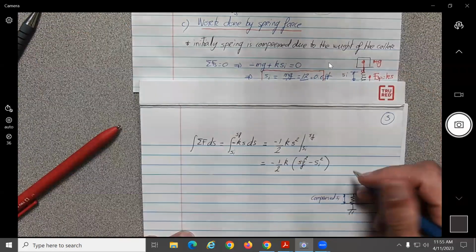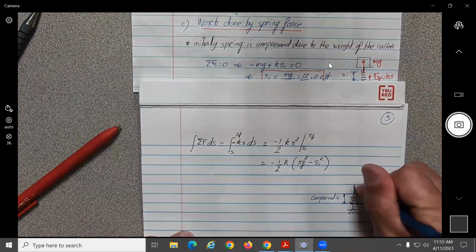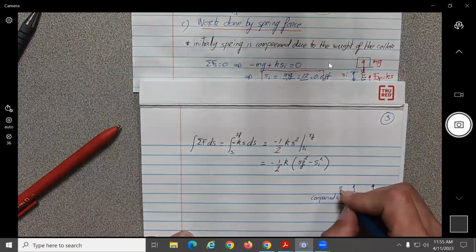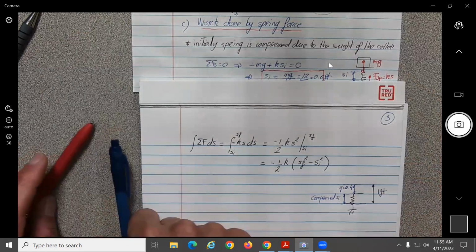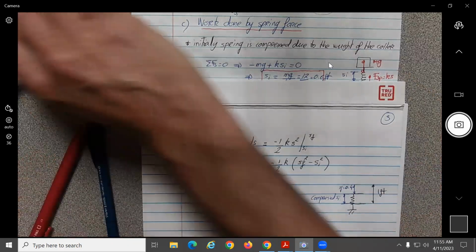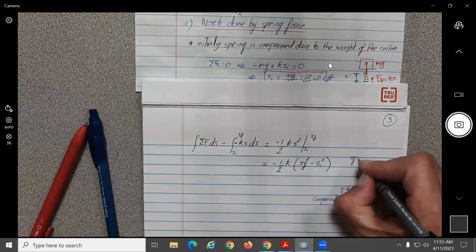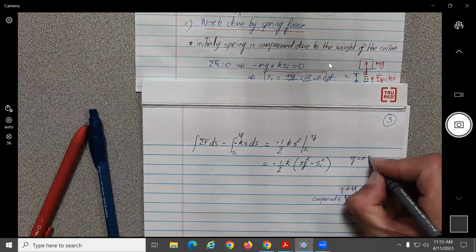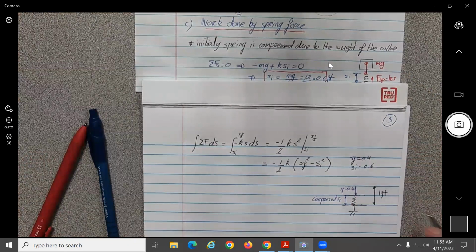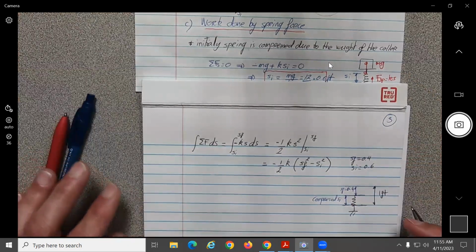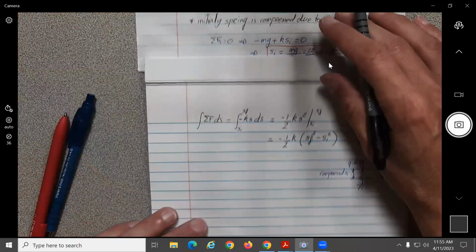Then this part over here that will be S final, then will be what? 0.4, off of the 0.4 because this is 0.6, no? So basically we can say here that S final is 0.4 and S initial is 0.6, whatever that value is.